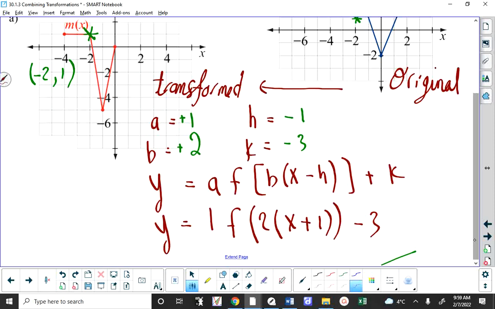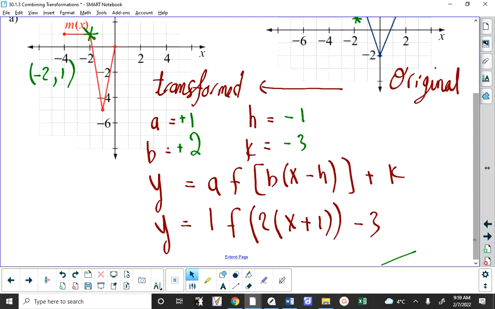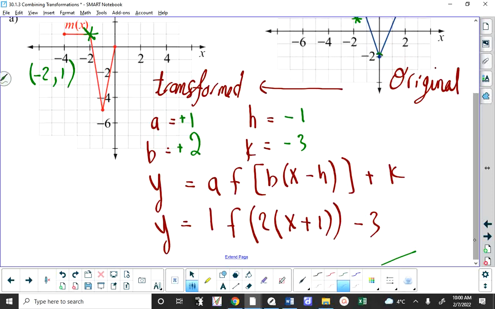All right, so what Jonathan's doing is he's saying I notice that this original point is on the y-axis, which means b will not affect it. And he's recognizing that the x-coordinate there is 0 and b has to do with changing the x-coordinate. And since it ends up being 1 to the left, h must be negative 1.